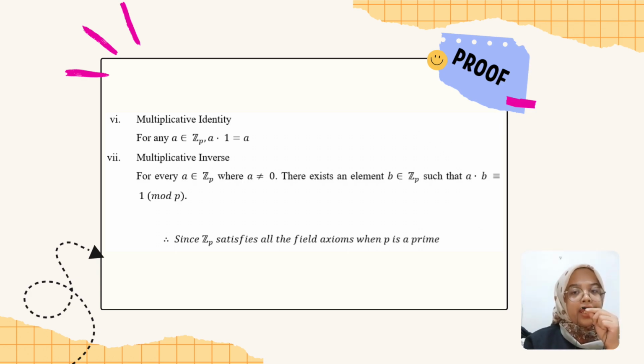For any A in ZP, A dot 1 equal to A. Last proof is multiplicative inverse. For every A in ZP where A is not equal to 0, there exists an element B in ZP such that A dot B equal 1 mod P. So, conclusion, ZP satisfies all the field axioms when P is a prime.